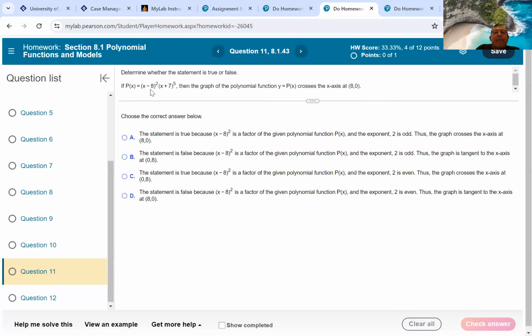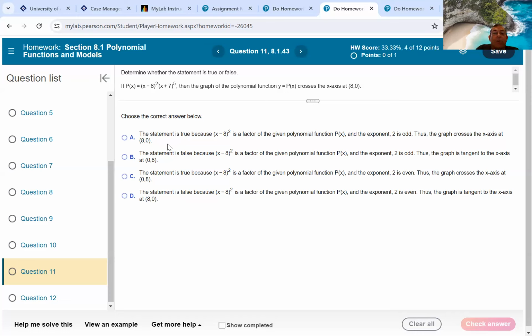Well, the x minus 8 factor has an even multiplicity of 2. So we said if it was even, it wasn't going to cross, it would be tangent. So this is false. It's not going to cross. It's going to be tangent at (8, 0).